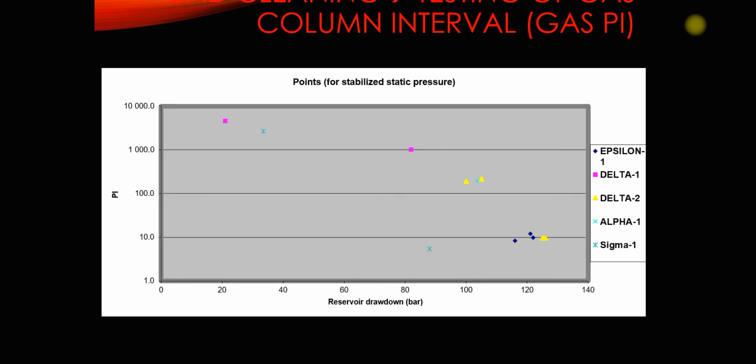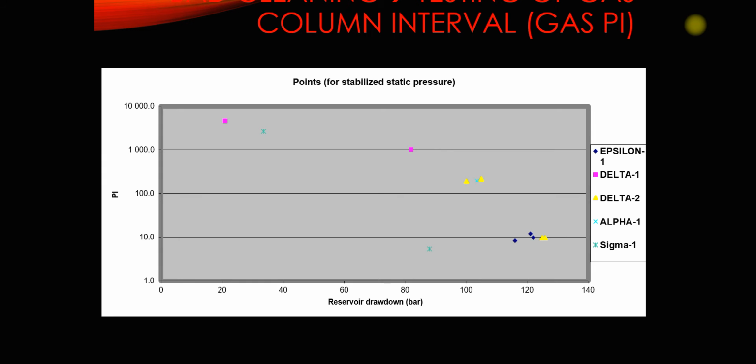So for the old DST, the ones that have reached stabilization, these are only these two. One for delta 1 well and one for a well called sigma 1, which has not reached radial flow stabilization but is close. So delta 1 and sigma 1.